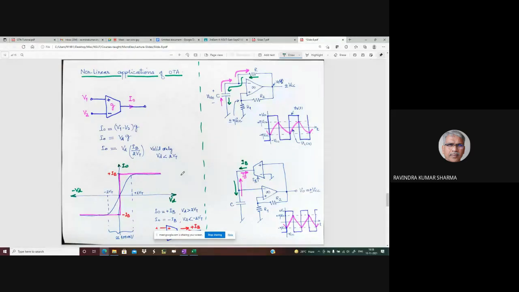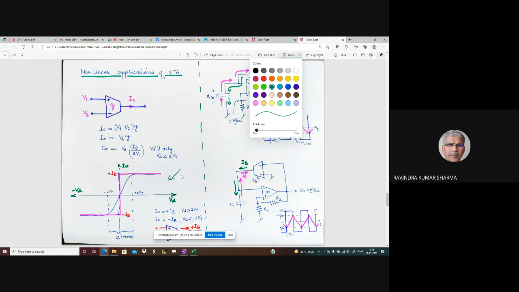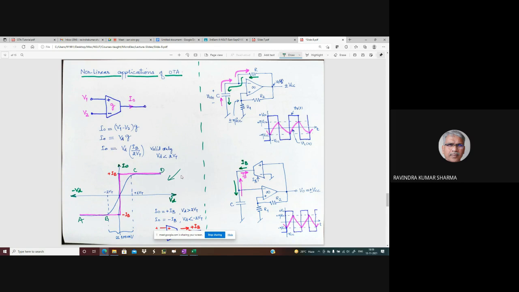Now from OTA, the nonlinear application मैंने बताया कि अगर वो ये जो आप नीचे ये जो देख रहे हो वोल्टेज ट्रांसफर कैरेक्टरिस्टिक, राइट, इसमें आप दो तरह के कर्व देख रहे हो, ब्लू एंड द पिंक. सो ब्लू वन इज द रियल वन, पिंक वन इज द आइडियल वन. That OTA, if I write different regions, let me use, okay, green color. So A, B, C and D, and in the pink one let me write B here and C here.